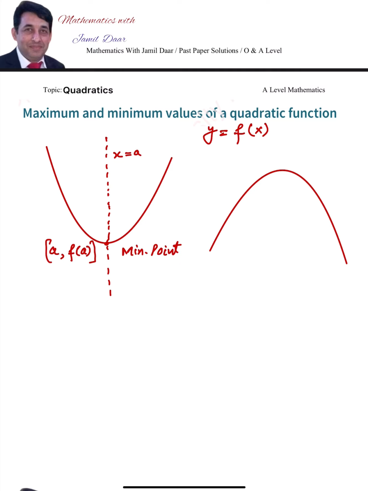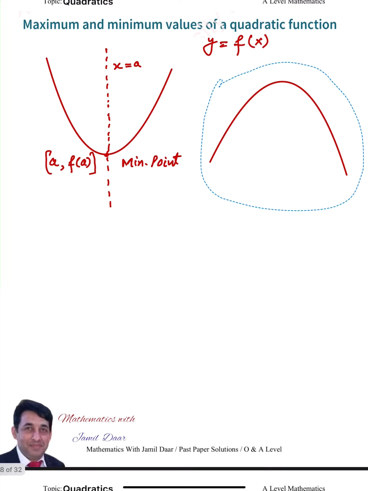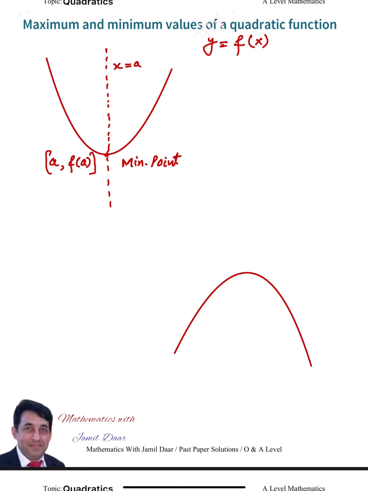If your graph is A type, let me drag it downwards like here, it will also have a vertical line of symmetry. Its equation would also be x is equal to some constant b.